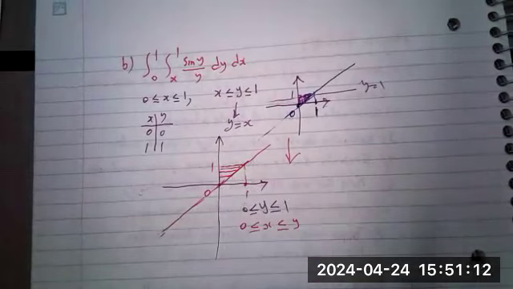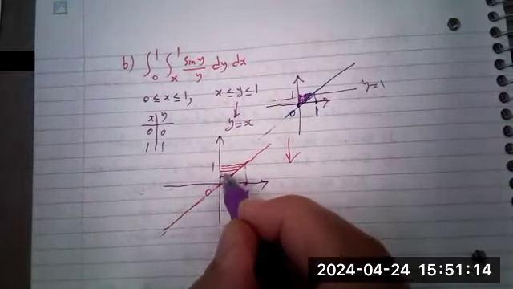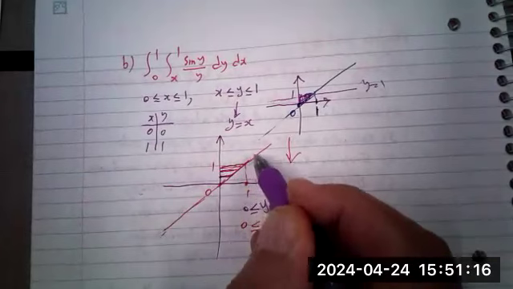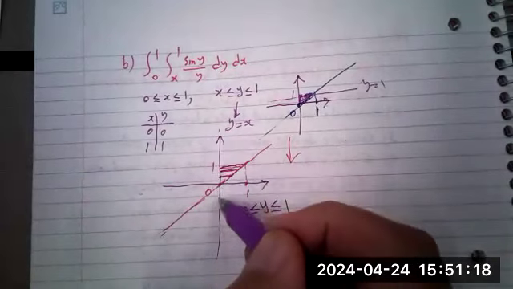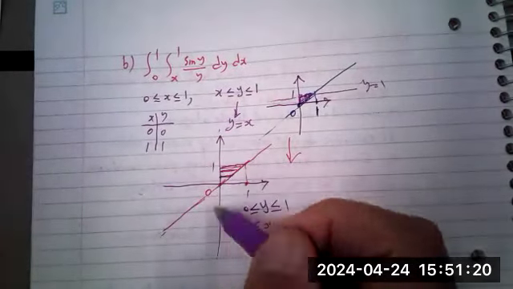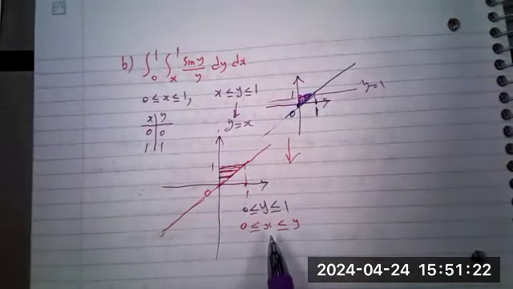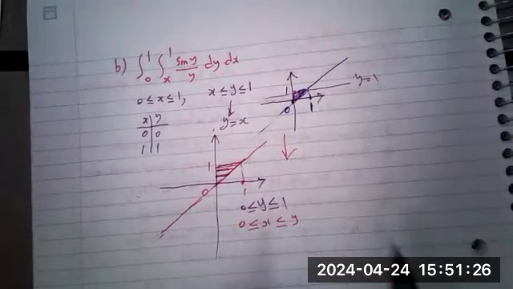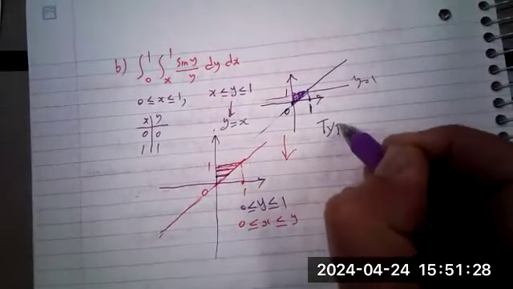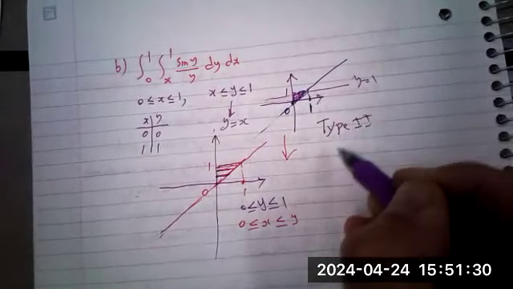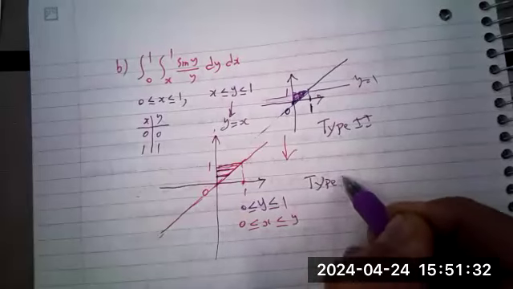For the x, you go to the right, to the left. The bottom one is the x-axis, the left one is the y-axis, which is x equal to 0, and the right one would be x equal to y. As you can see, this is a type 2 region, and we changed it to type 1.